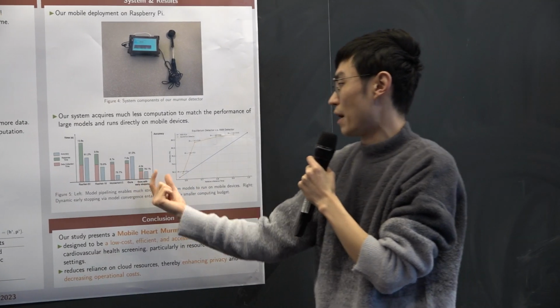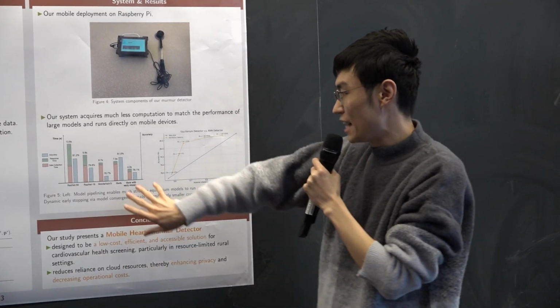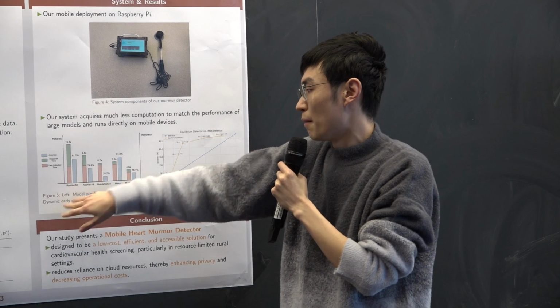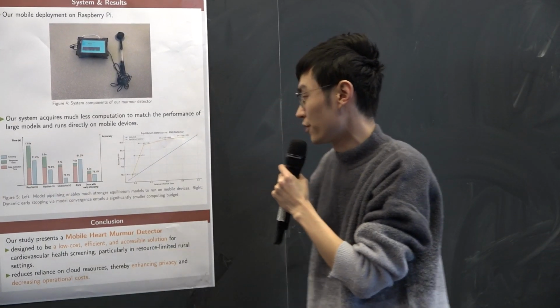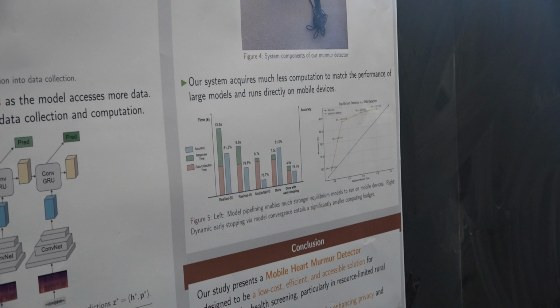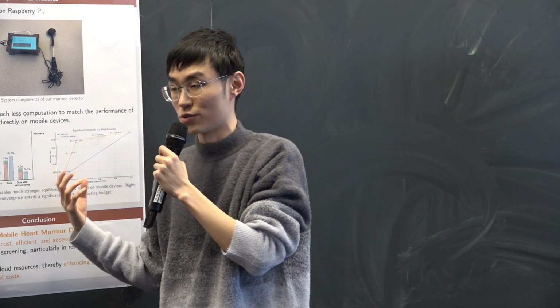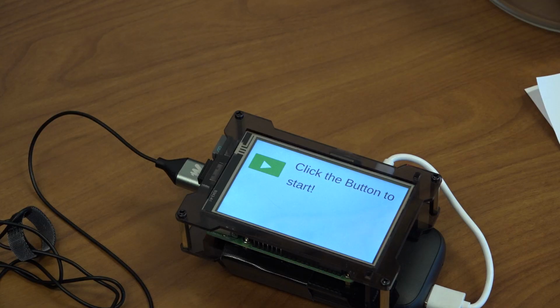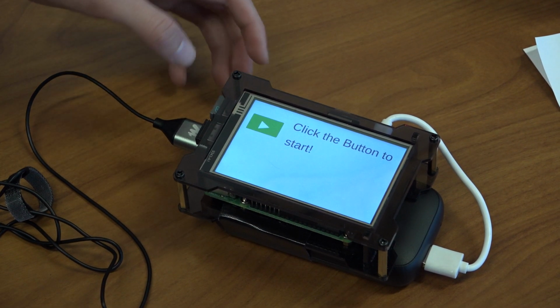Our method could be as strong as a baseline method, but 2 or 3 times faster. In summary, we present a mobile heart murmur detector that is low cost and efficient, and could be deployed into rural areas for large scale screening settings. Thank you.